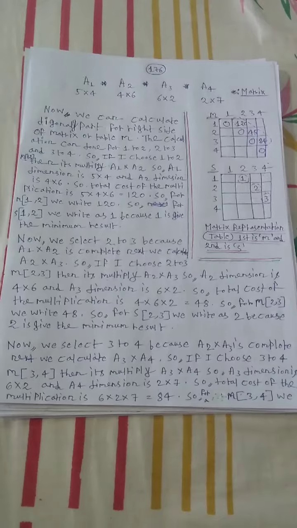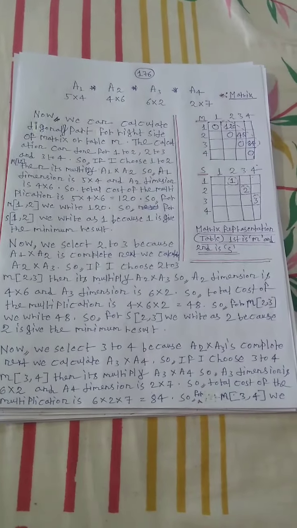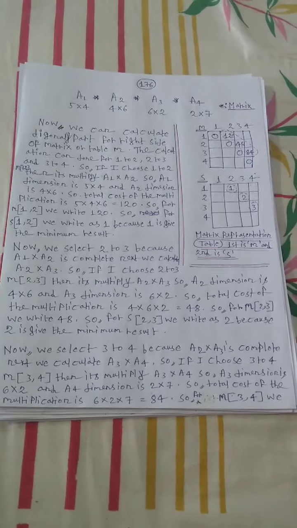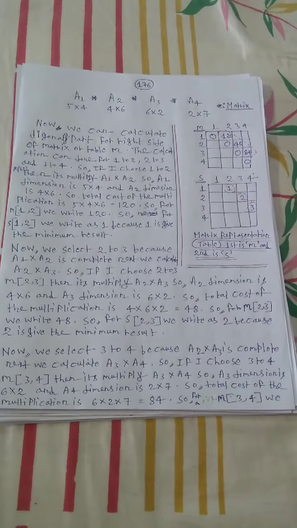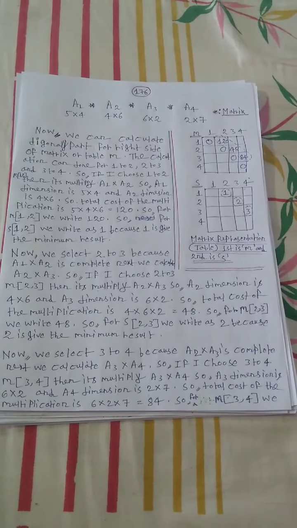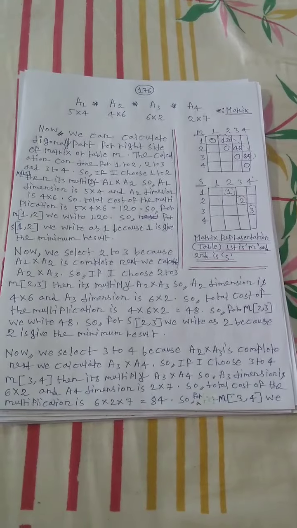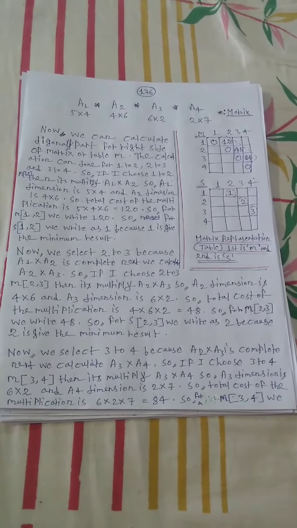Next we can calculate mainly diagonally, on the right side. The next calculation will be 1 to 2, 2 to 3 and 3 to 4. We can calculate by the multiplication problem.